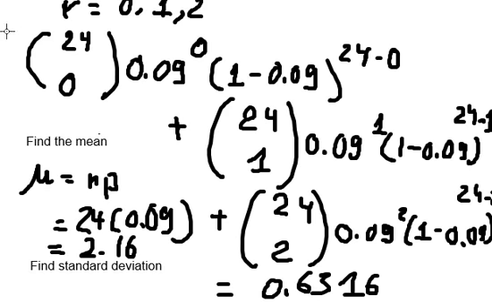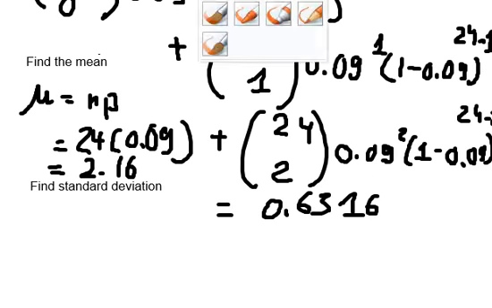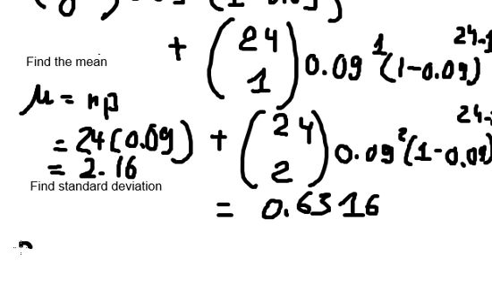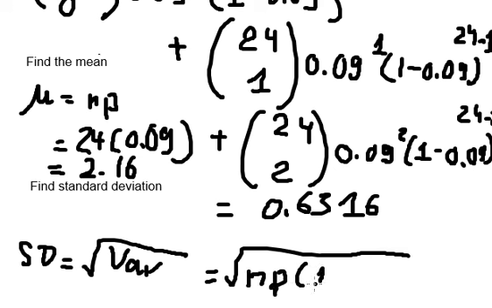And the next one is about standard deviation. So we have SD equals the square root of variance, and this one we have the square root of n times p multiplied by 1 minus p.